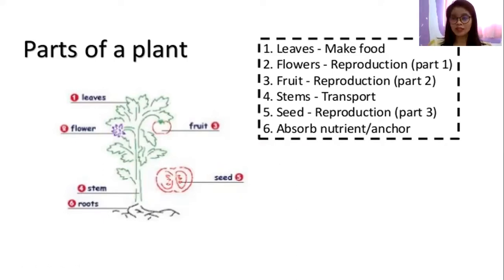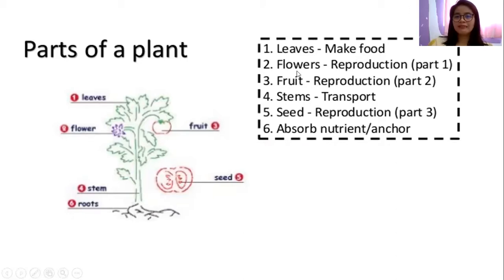What is the function of the leaves? They make food. About the flower, reproduction. It means that the flower's work is to reproduce more flowers. Same as the fruit.